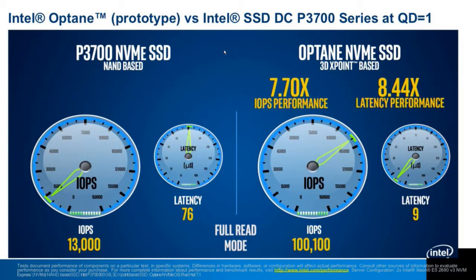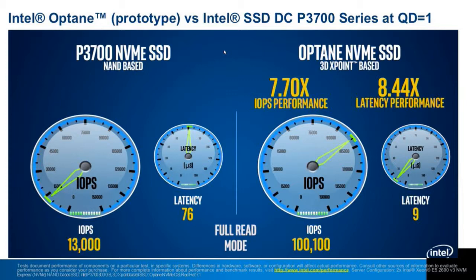This is 4K random read with queue depth 1. You see the Optane drive IOPS is almost 10 times higher. And looking at the latency, the Optane drive is 9 microseconds, while the PCIe SSD is 70 to 80 microseconds.